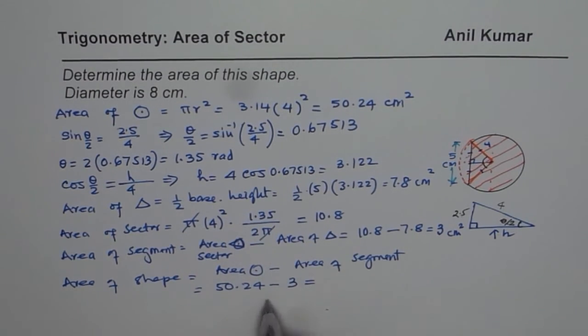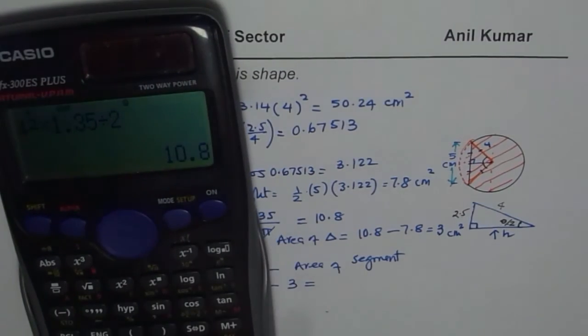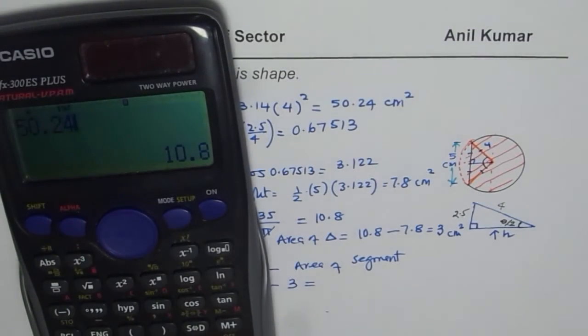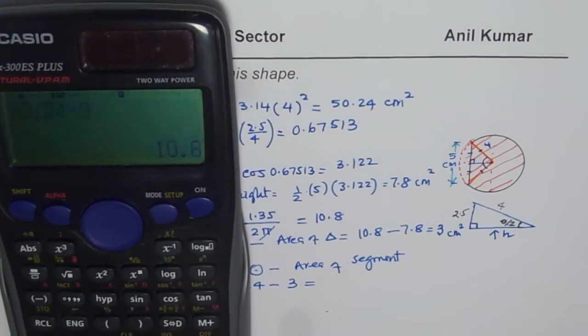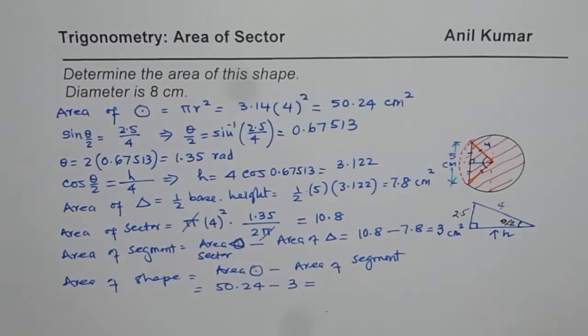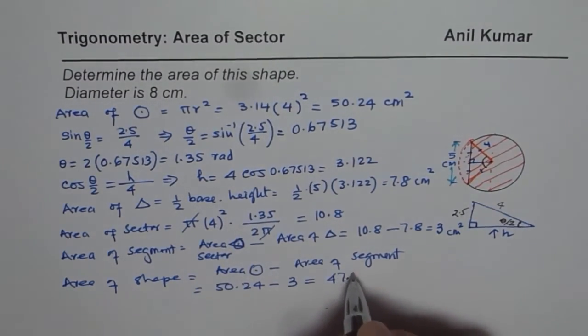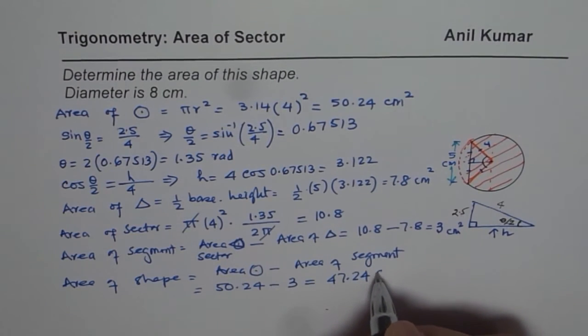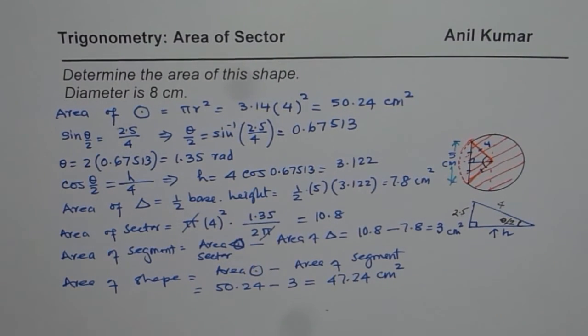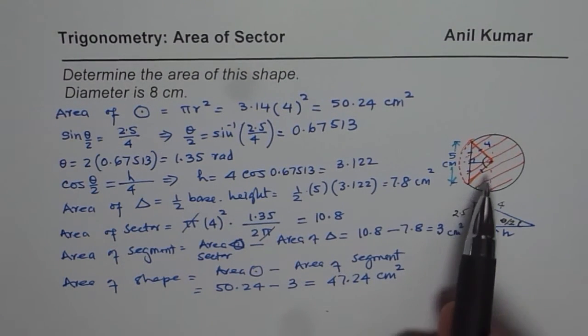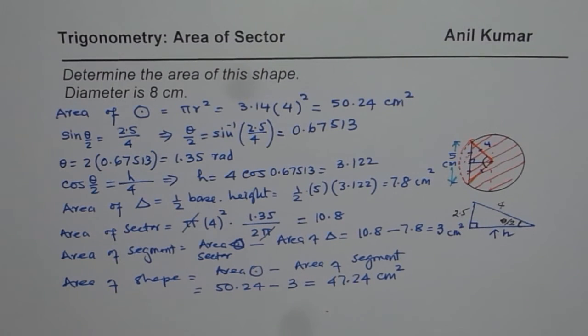So 50.24 minus 3 is equal to 47.24 centimeters square. So that is how you could find the area of the shape given to you.